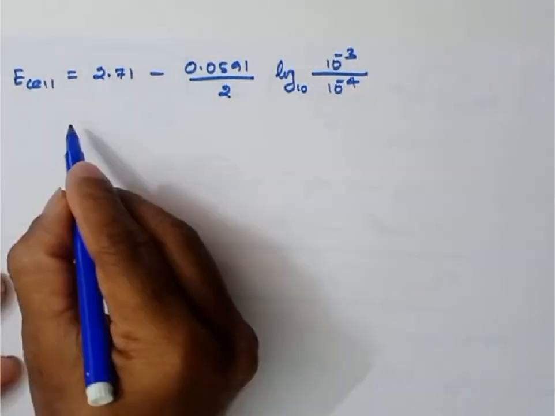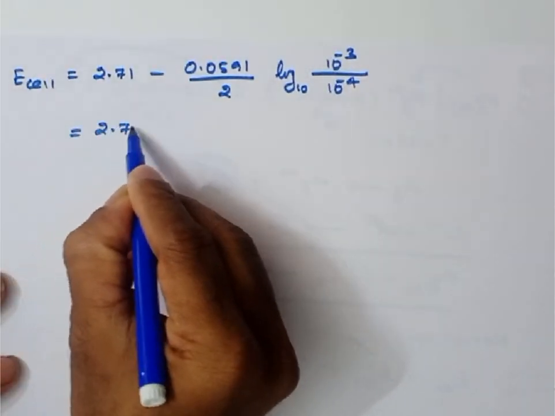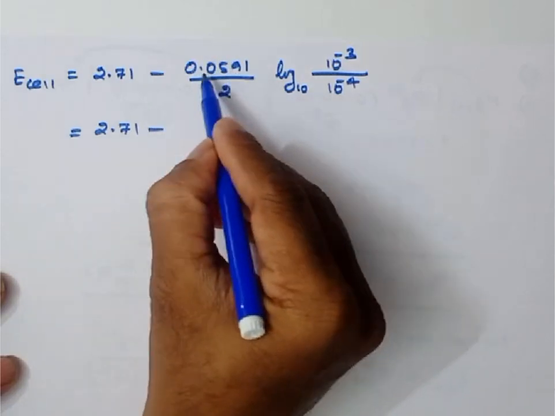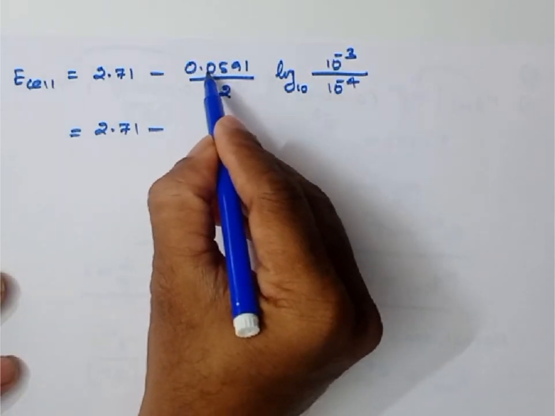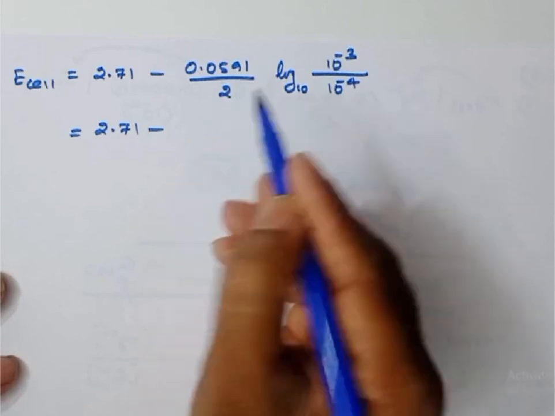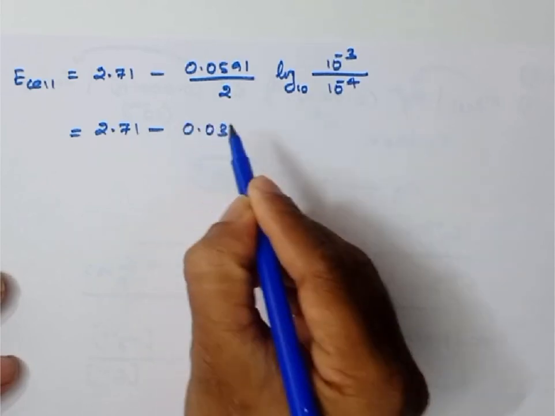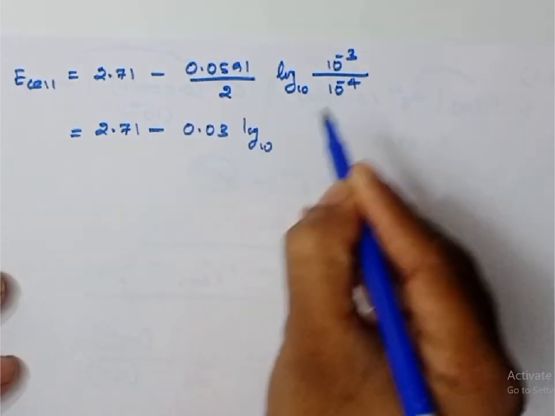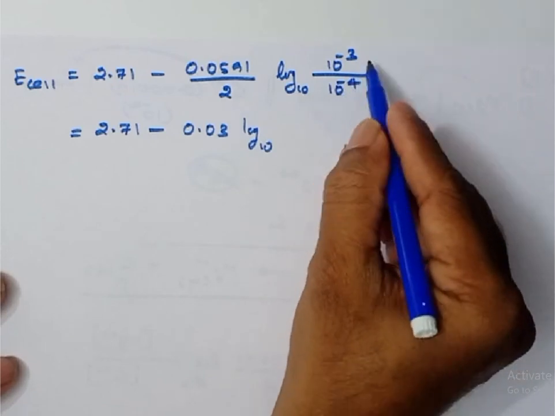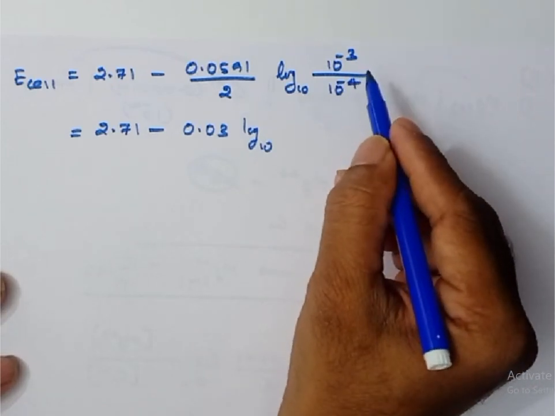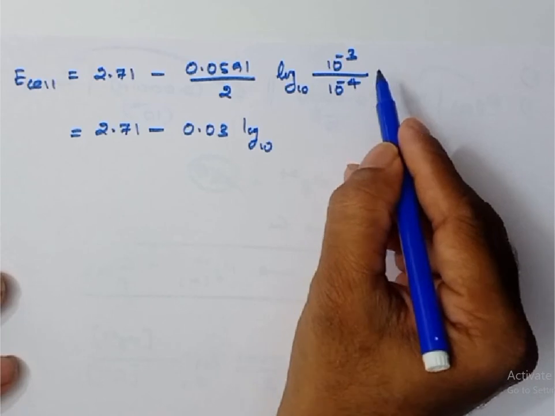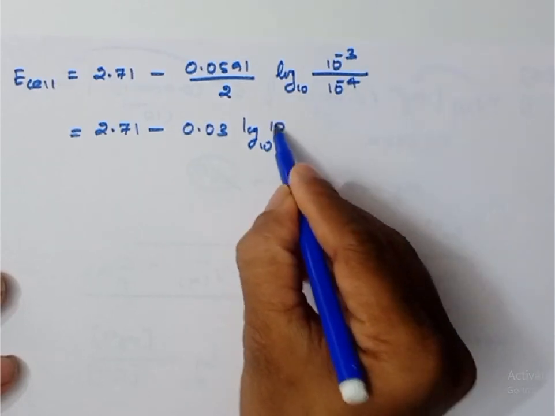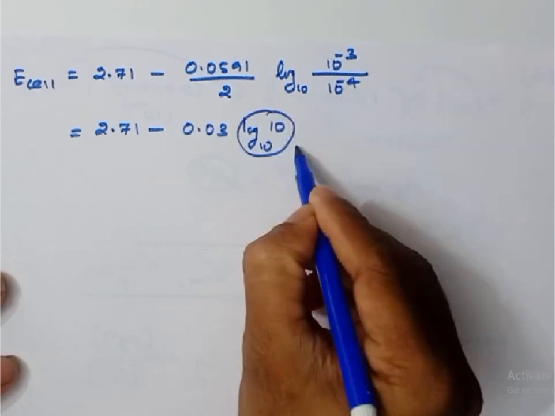So what we get is 2.71, and let me take this value as 0.06. 0.06 by 2 gives 0.03 log base 10. If we bring 10 power minus 4 to the numerator, it becomes 10 power plus 4. So 10 power minus 3 into 10 power plus 4 becomes 10. Log 10 base 10 value is 1.